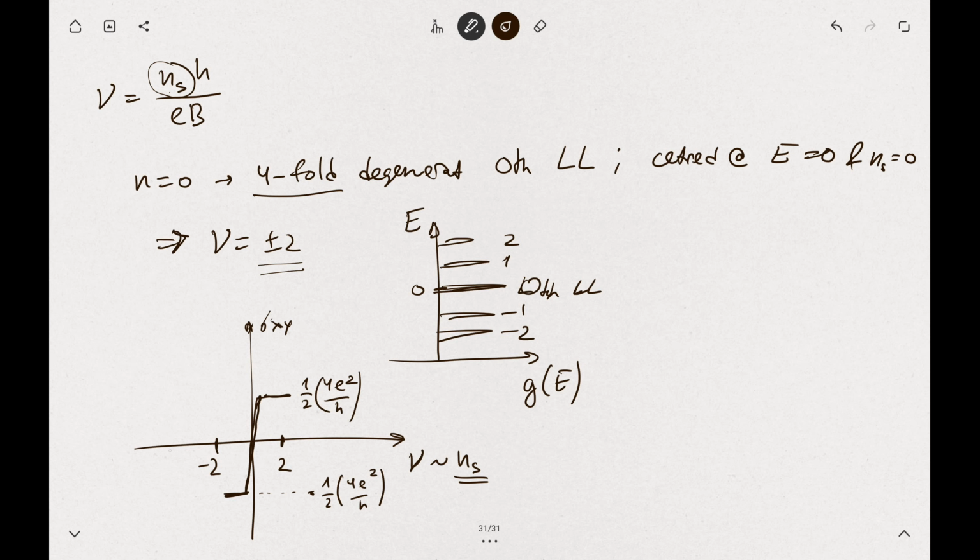Then the next filling factors will be minus 6 and plus 6, where you will have again these plateaus, and they will then appear at 3/2 of this 4e squared over h. This will be minus 3/2 of 4e squared over h, and so on.